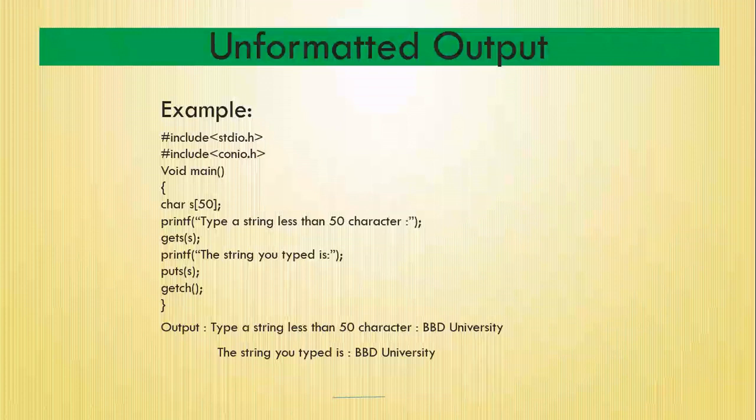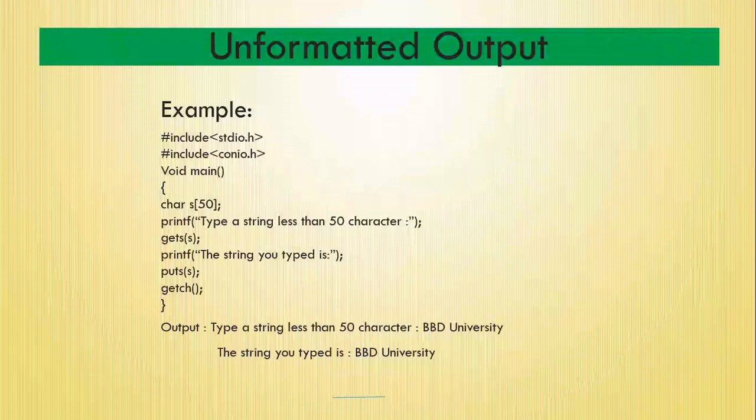Then whatever message you type, the gets function will read the string. Just to enhance the understandability of the program, I wrote a message: the string you typed is. It will display on your screen, and puts(s) will display the string you have typed with your keyboard. Now you can see the output here.